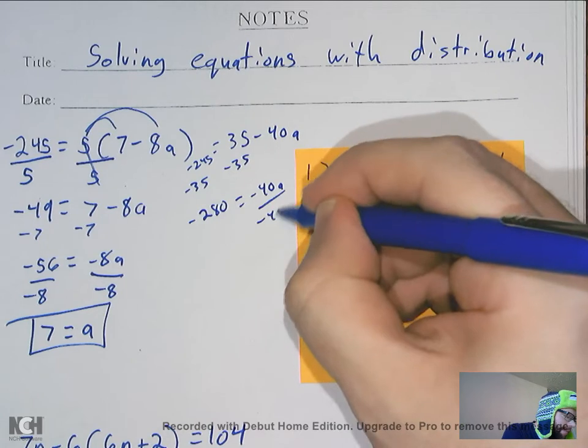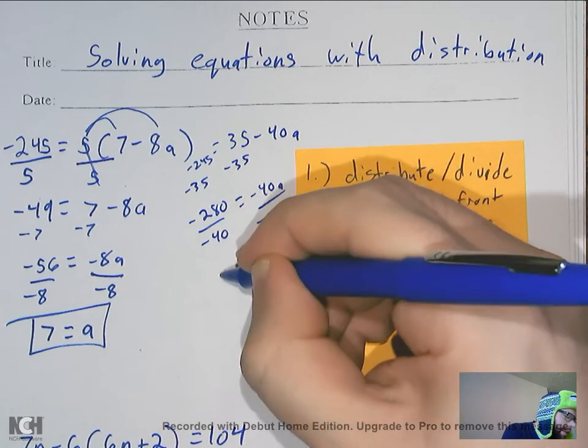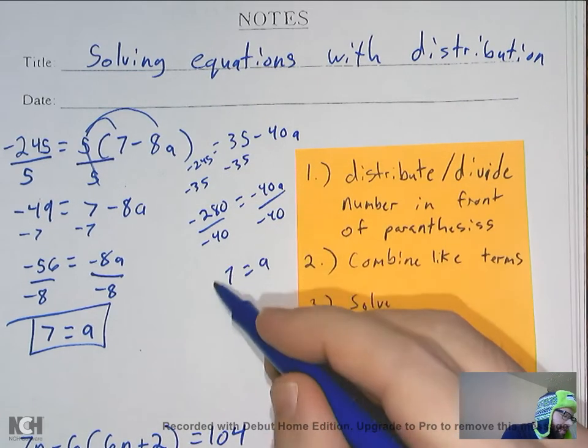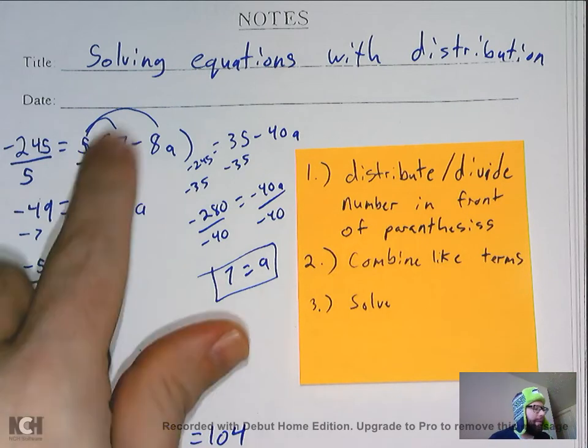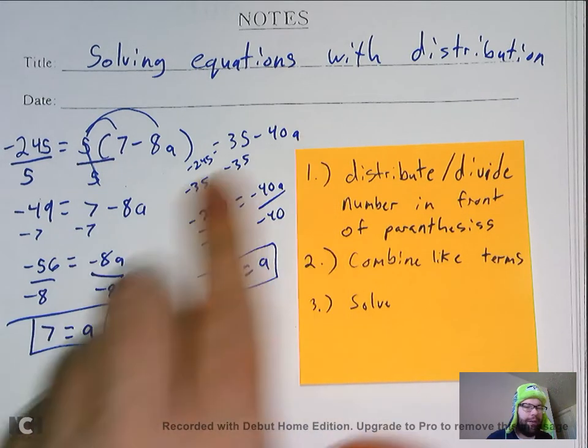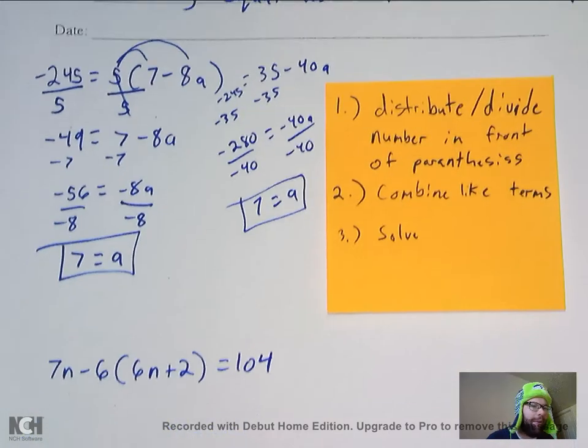Then you divide by negative 40, and look, you still end up with 7 as your answer. So it doesn't really matter if you divide or distribute. Do whatever is more comfortable for you. But it can be a little bit easier dealing with smaller numbers if you just divide right away.